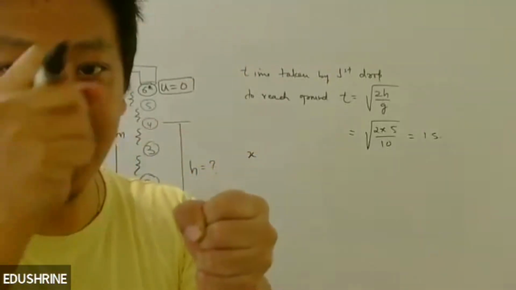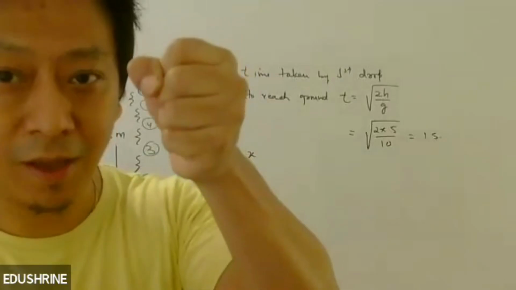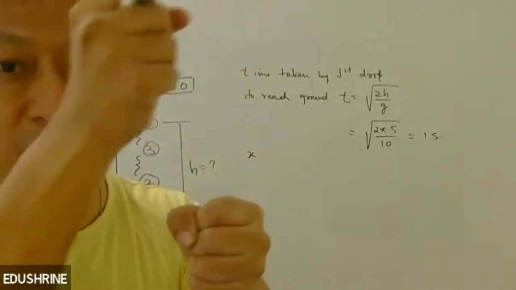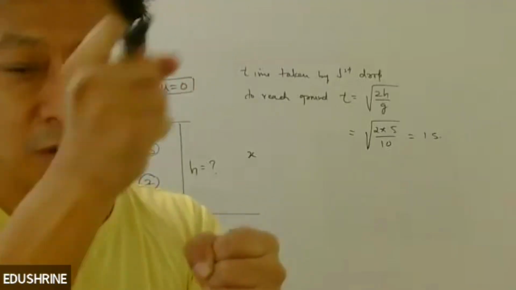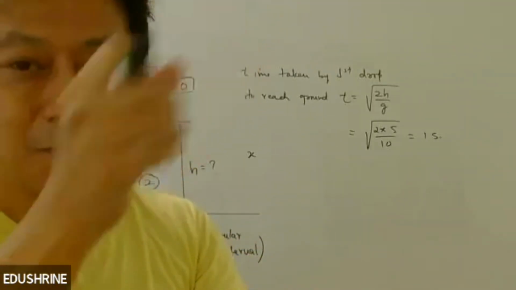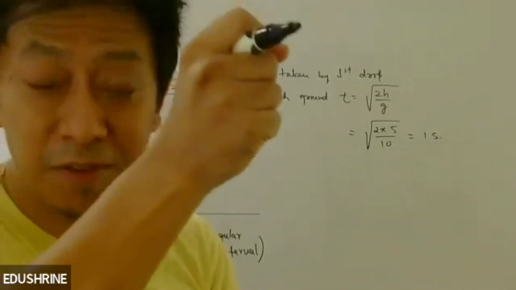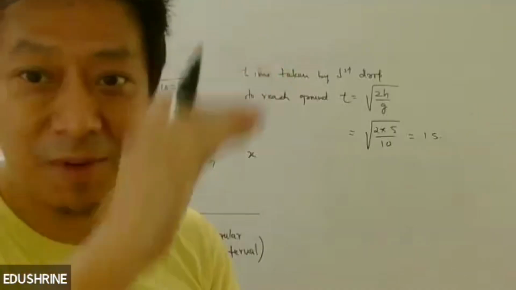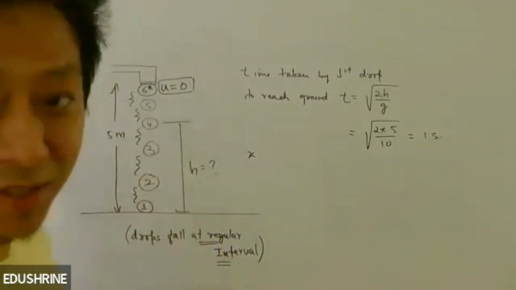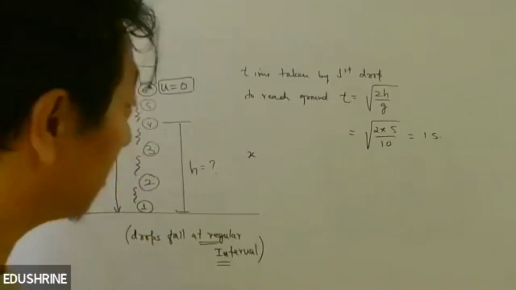Then the third drop starts at 2X. Fourth drop, 3X. Fifth drop, 4X. Sixth drop, when it starts, it will be 5X. The first drop reached the ground when the sixth drop starts, so 5X was the time fallen by the first drop.